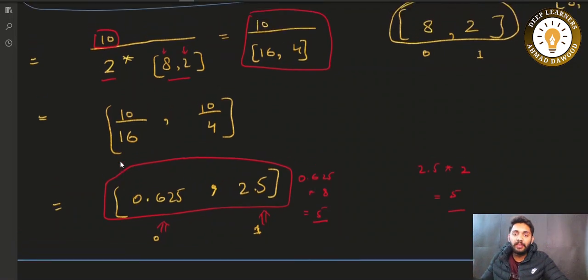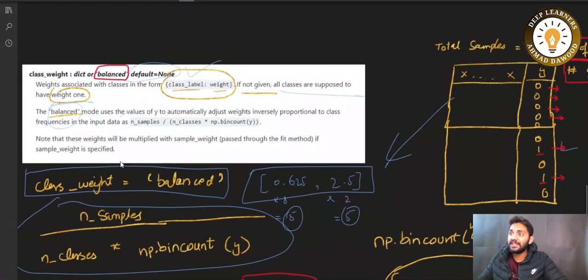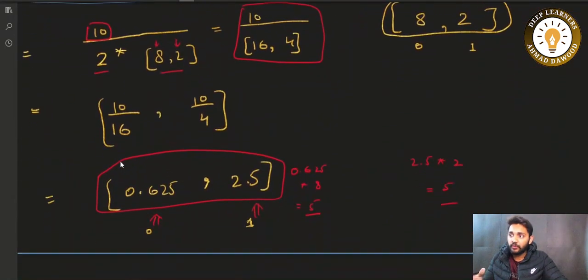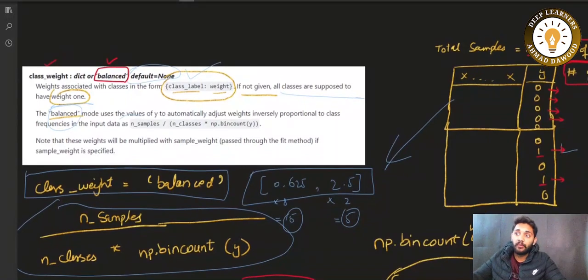To make a balanced data set, whenever you have an imbalanced data set and you pass the value balanced to this class weight, it will automatically adjust the weights the way that we have solved here. Then whatever model you are using, if you are using a decision tree, you will get more of a balanced model, not some biased model, because you have balanced your dataset before feeding it to your model.